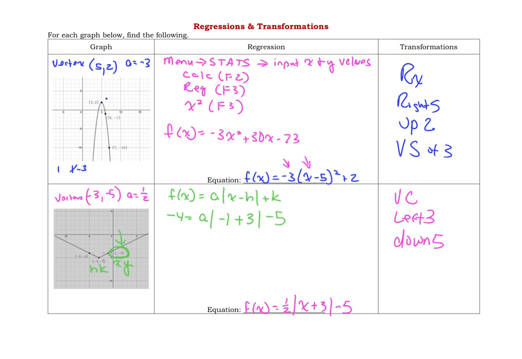Now I'm just going to do the math. Okay, I am going to add my 5 and get 1 is equal to a, and inside here is absolute value of 2, so 1 is equal to 2a, so a is equal to 1/2.